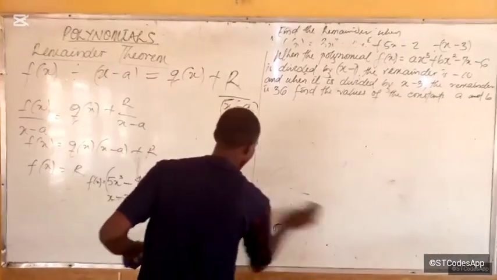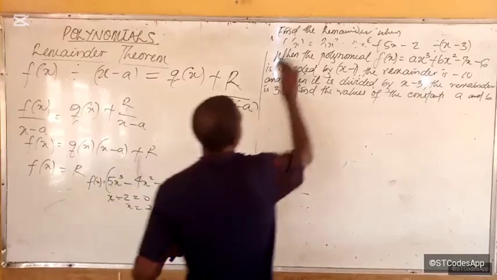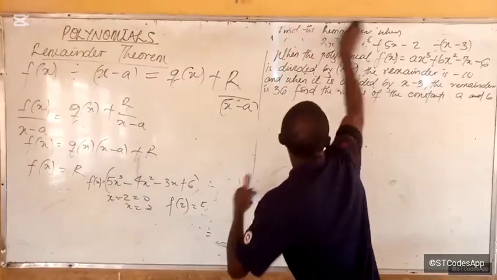It says that when that polynomial is divided by that, let me clean this up.